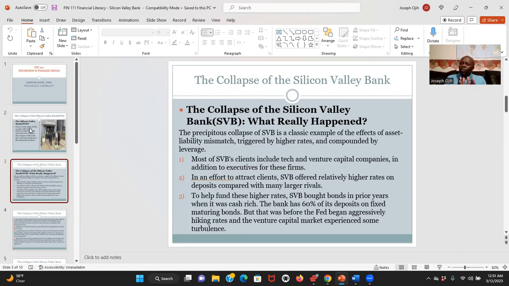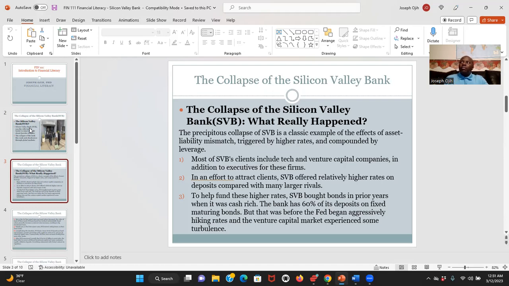Now, to pay for this higher rate on deposits, the Silicon Valley Bank bought bonds, a lot of bonds. As a matter of fact, as much as 60% of their deposits were invested in fixed maturity bonds. But that was before the Federal Reserve started to raise rates.